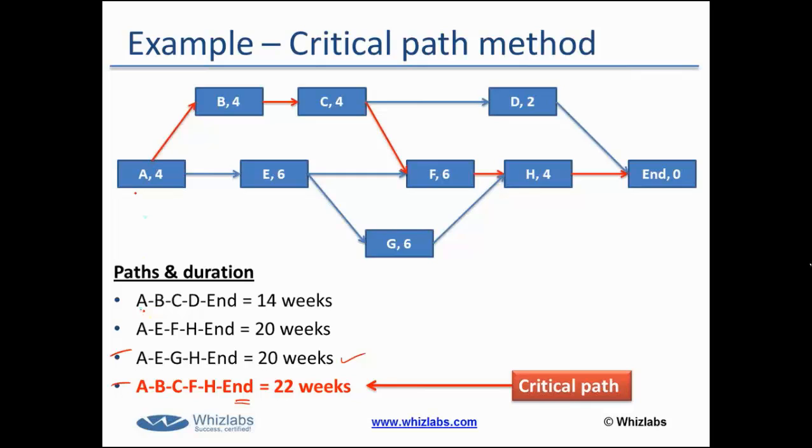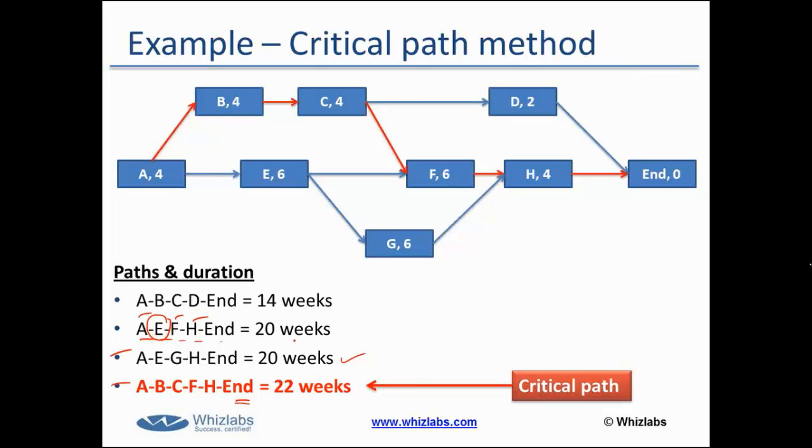Because I just said to consider a path A, E, F, H, and in this path, A, F, and H, these three are part of the critical path, so they have zero float. But E is not part of the critical path, so it would have some float.